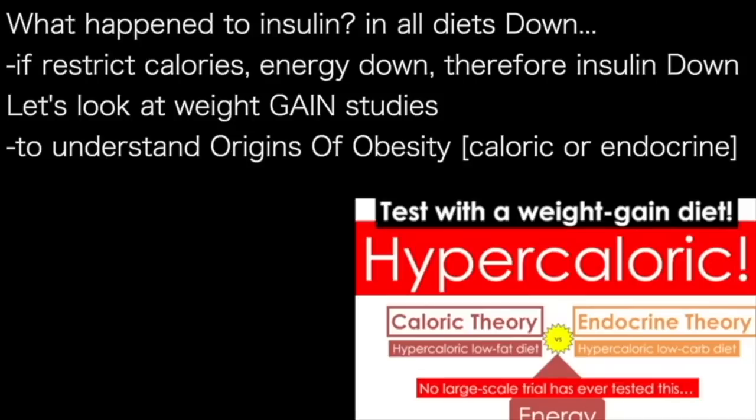And if you pay college students enough, you can get them to do anything, including gain 10 pounds or whatever it may be. Now, has this ever been done? To my knowledge, there has never been a large-scale study that has done this, and I have looked. There have been overfeeding studies before, but not that have separated into 2 groups, being low-fat versus low-carb hypercaloric. I've never seen it done except one study.